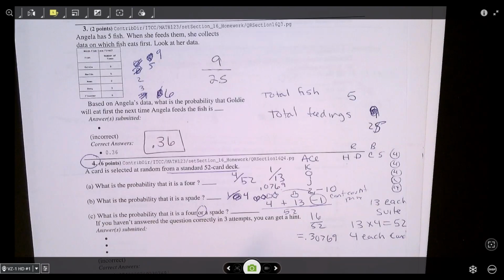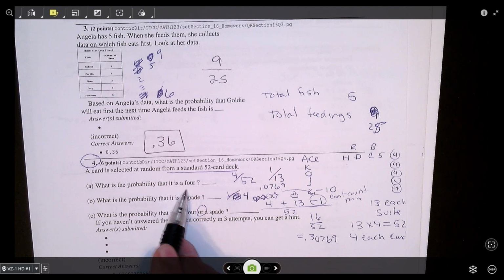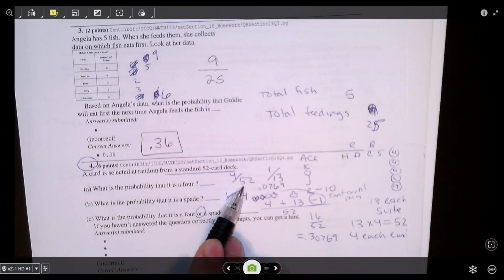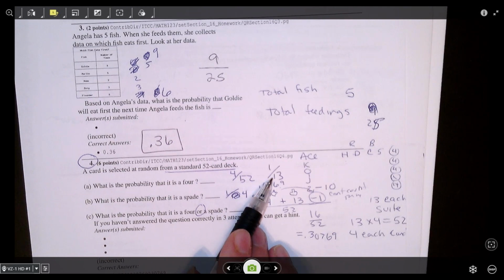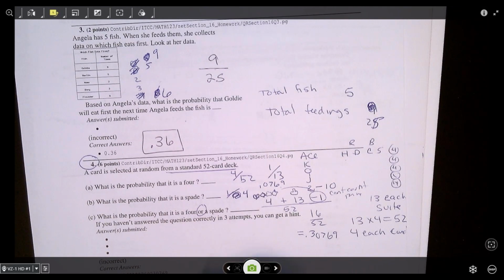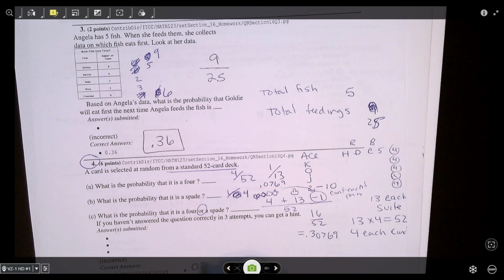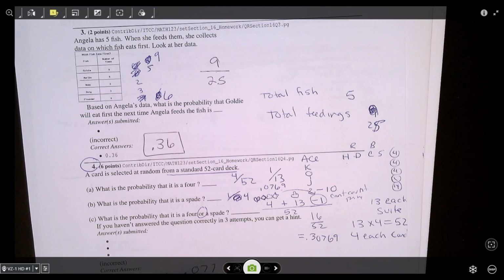So it says, what is the probability that you draw a 4? Well, there's a total of 52 possible cards. How many 4s are there? There are 4 4s. 4 divided by 52 is 1 over 13. As a decimal, 0.077 when we round.